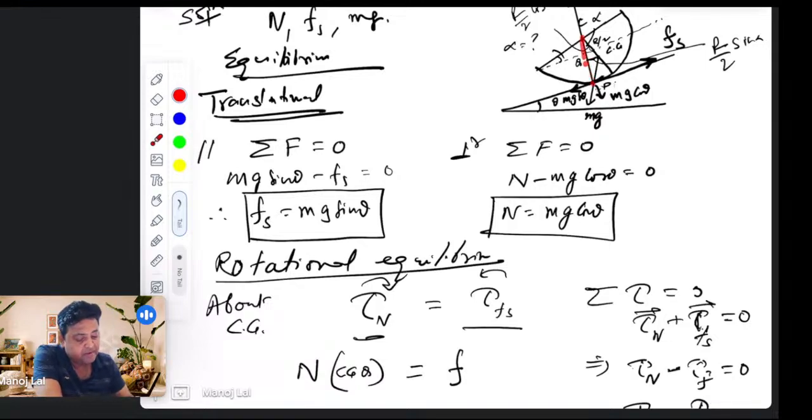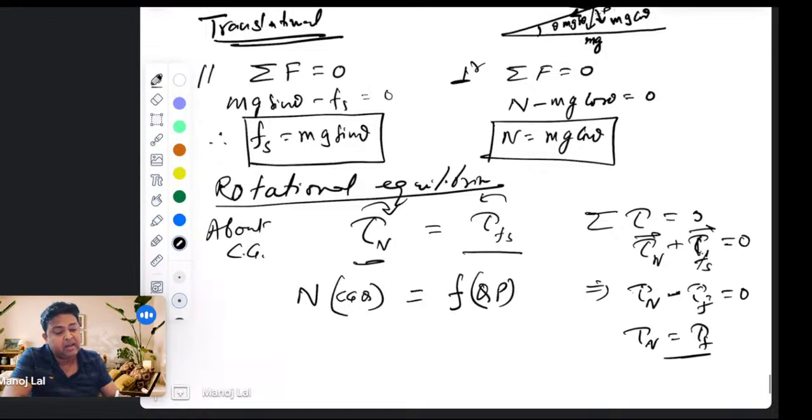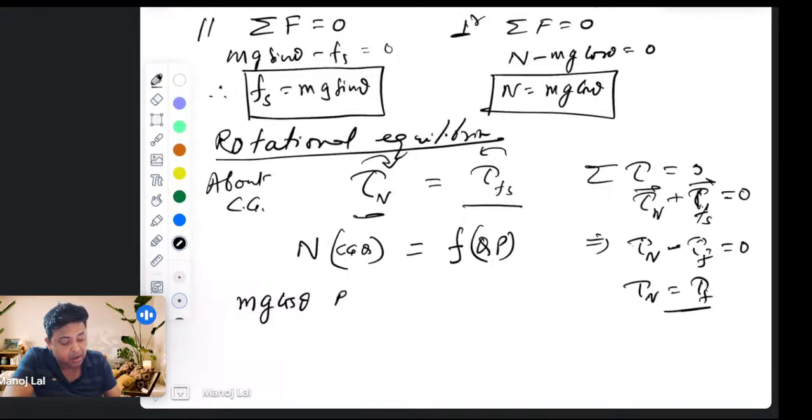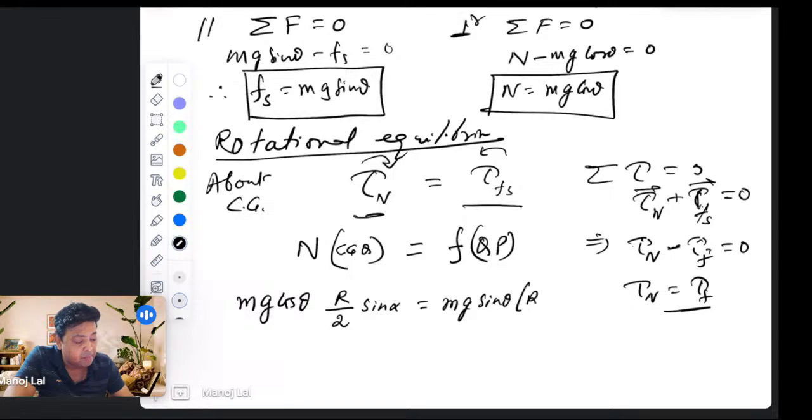So let me write QP, the perpendicular distance. N we got as mg cos theta, and CGQ is R by 2 sine alpha. This is equal to F, which is mg sine theta, times QP, which is R minus R by 2 cos alpha.